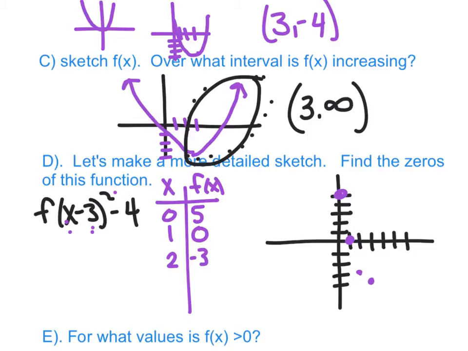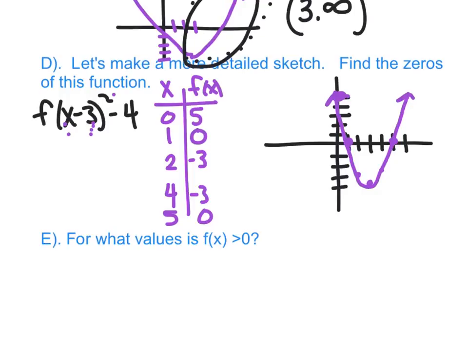I'm sorry, how about 3? Well, we know 3. How about 4? 4 minus 3 is 1. 1 squared is 1. 1 minus 4 is negative 3. If I plug in a 5, 5 minus 3 is 2. 2 squared is 4. 4 minus 4 is 0. And I'm sure you can anticipate the next height should be 5 at x equals 6. So now when I graph that, I've got a more detailed sketch. And again, I just plug numbers into that table.